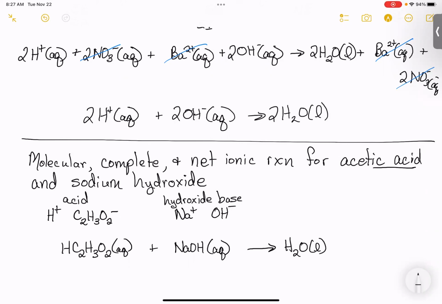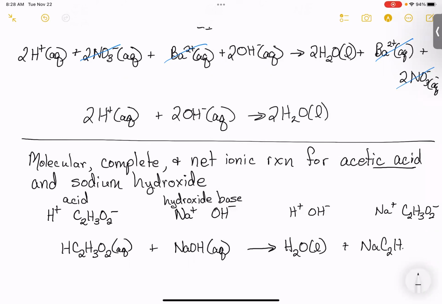So again, this is a double displacement reaction. So that means that the cations are going to be swapping their anion partners. So the hydroxide is now going to be reacting with the hydrogen ion, making the water, and the acetate will react with the sodium to make sodium acetate.